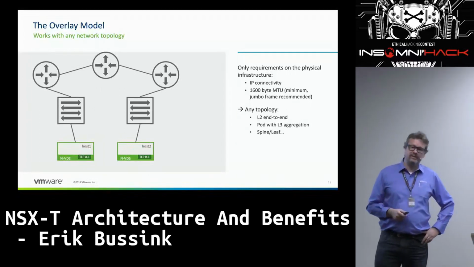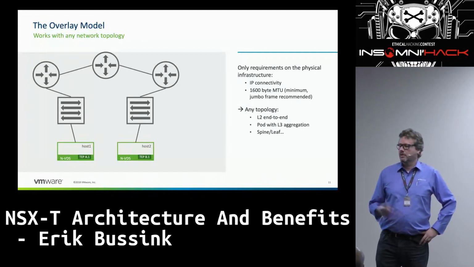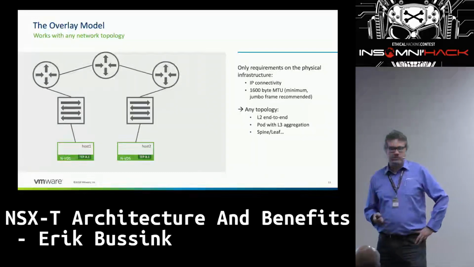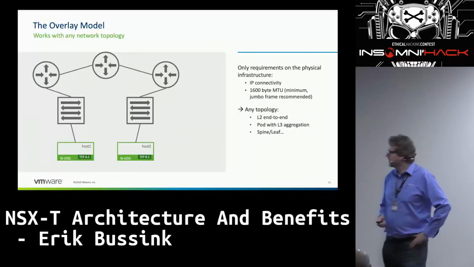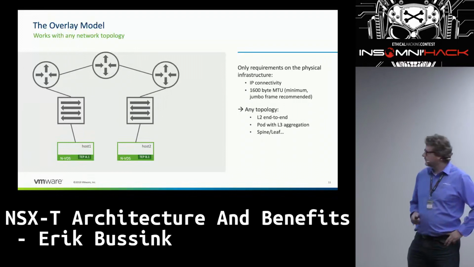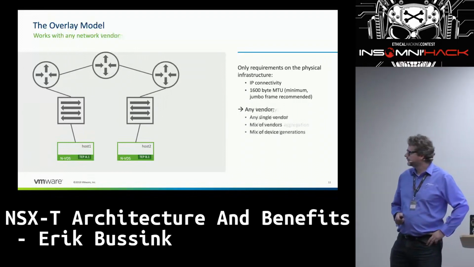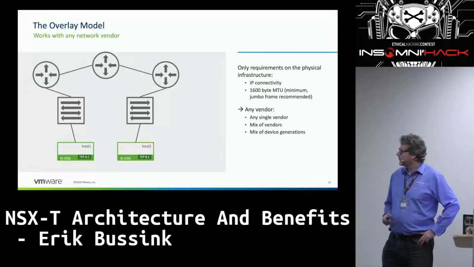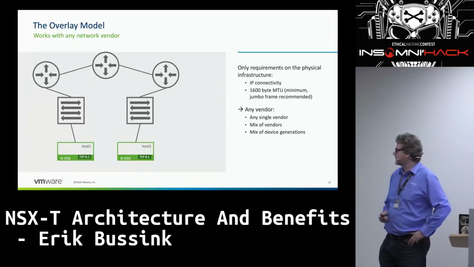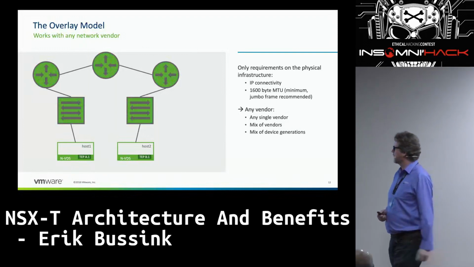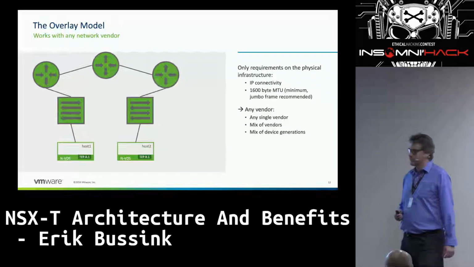So you don't have to reinvest in new switches. Only invest in switches when you are near capacity or you're out of support. No need to change your lower level of the infrastructure. If your infrastructure is multiple vendor or multiple generations of switches, it doesn't matter to us, as long as we have this IP connectivity and the MTU.